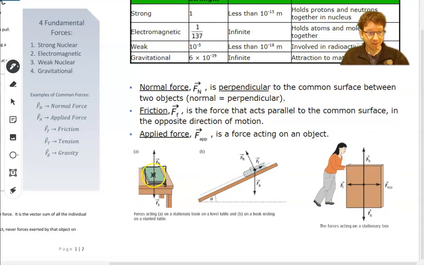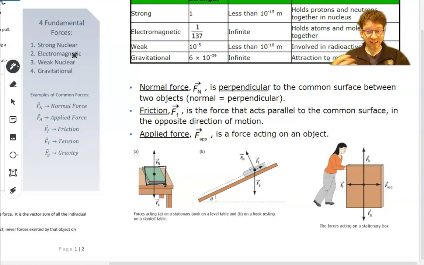So this book is being pulled down due to gravity, and the table is pushing it up due to that normal force. Now, the normal force isn't a fundamental force. In fact, the normal force is simply due to the electromagnetic force. I mean, there's atoms in the book, there's atoms in the table, and around those atoms you have clouds of electrons, which are negatively charged.